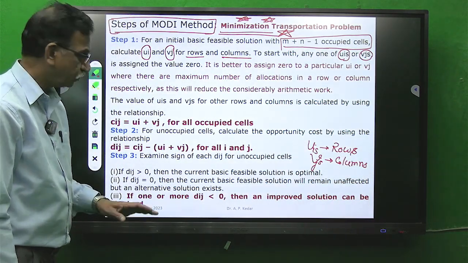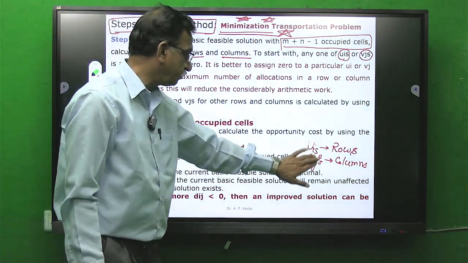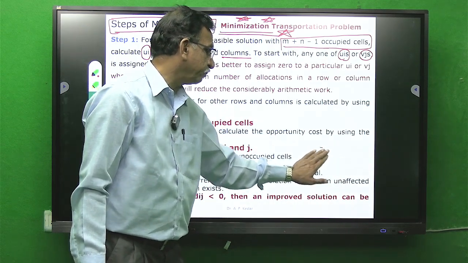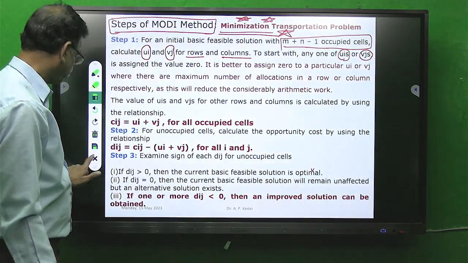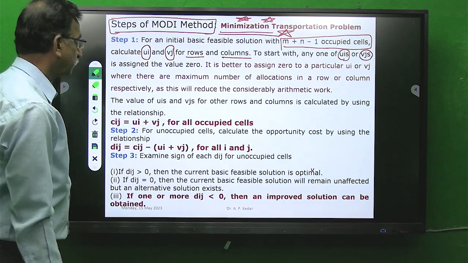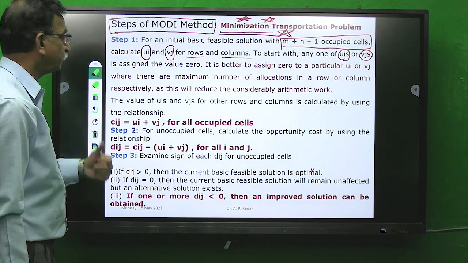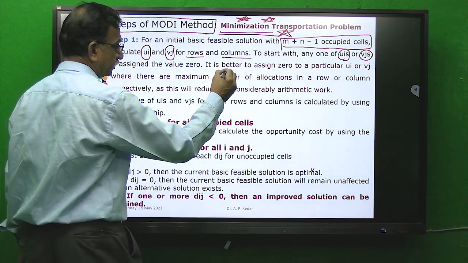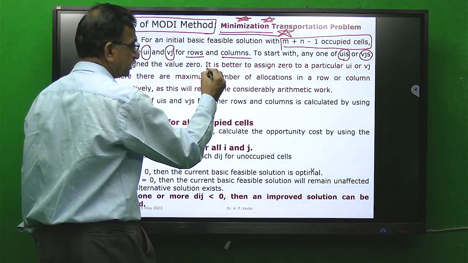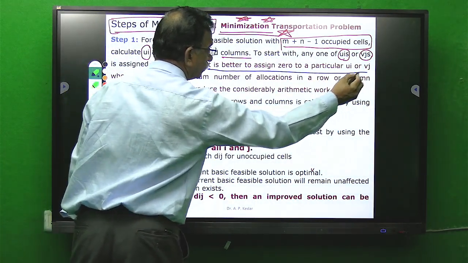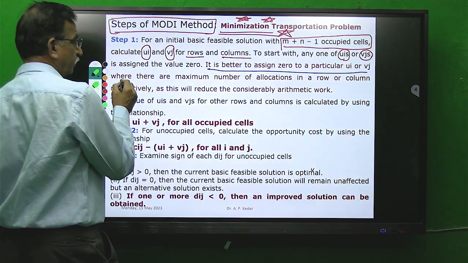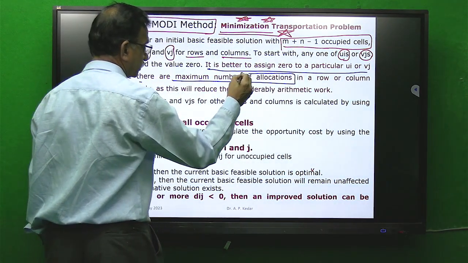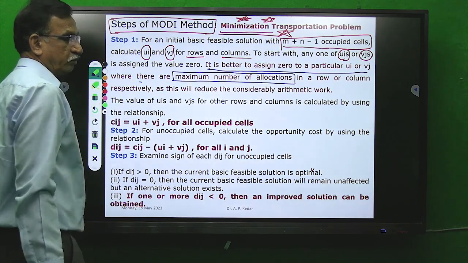You can give any ui or vj the value 0 to start the problem, but what one should do is, you can mark this with color, it is better to assign 0 to a particular ui or vj where there is the maximum number of allocations in a row or column.